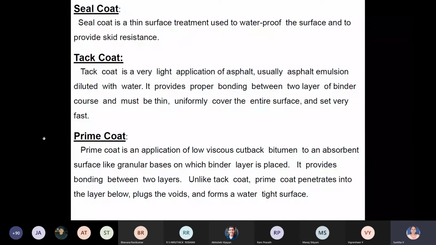This will provide a proper bonding between two layers of binder course, or between an old and a new layer. It should thinly and uniformly cover the entire surface and set very fast. It's very important whenever you are laying a tack coat or prime coat that it should be laid as a very thin layer. You should not just pour it.